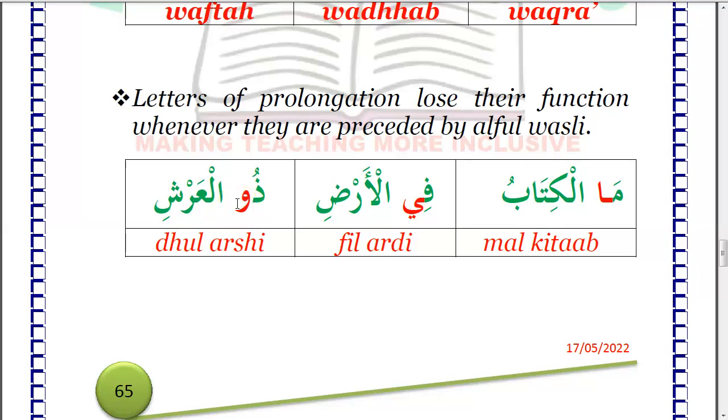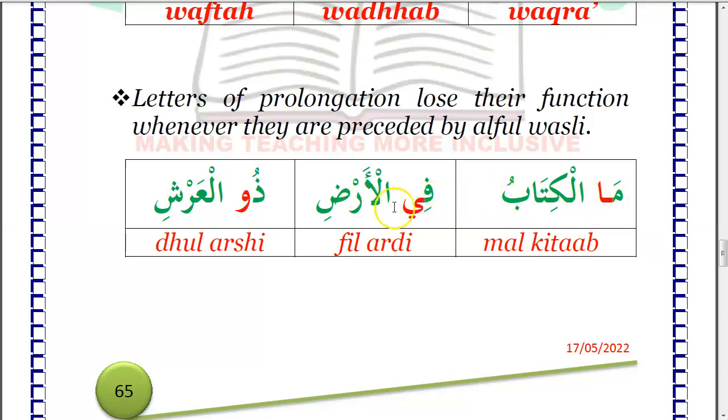They will no longer be effective because of alif al-wasl. For instance, here we read it as mal kitab, no longer ma. No, you are not going to draw it anymore because the alif al-wasl here has rendered them ineffective.